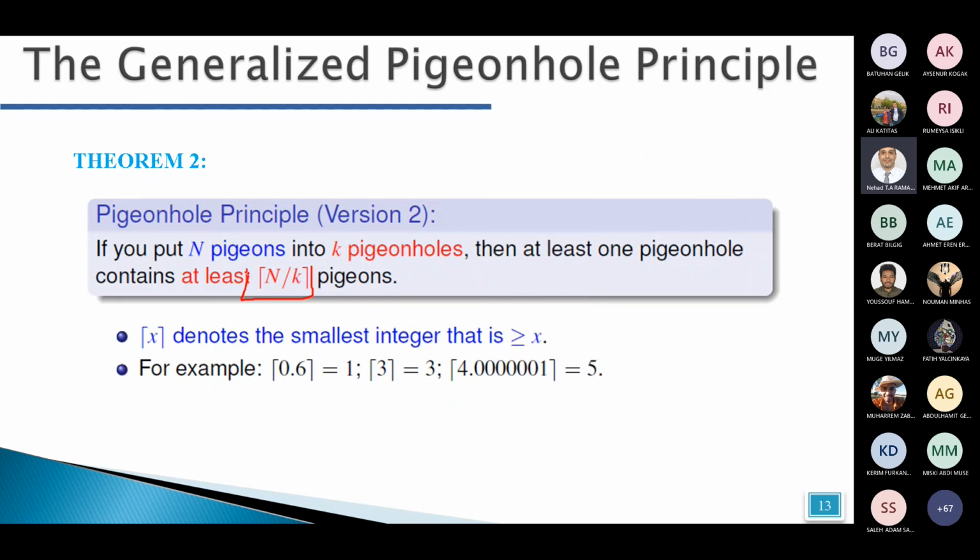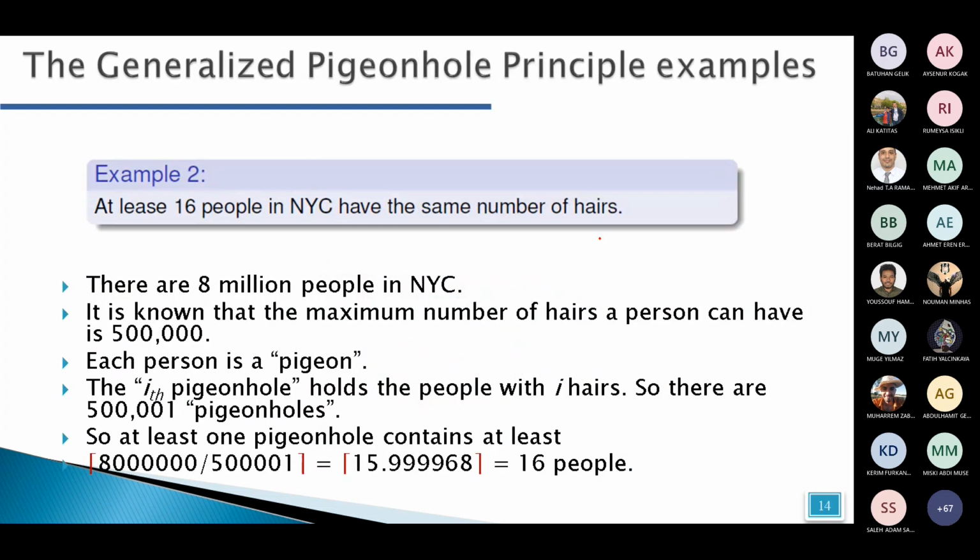This is the meaning. If there is no fraction, we take the number directly. Okay, let's take examples to apply this rule, or this theorem.